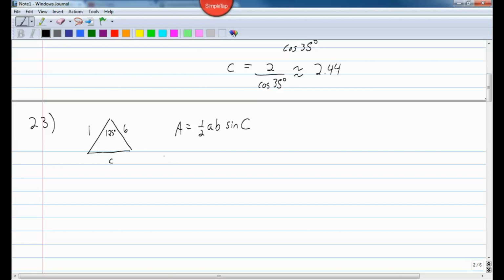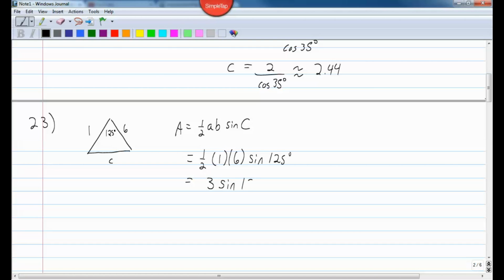Okay, and so that was one. The other was Heron's formula that we can use if we have all three sides of the triangle. So on this one here, we have two sides and we have the included angle measure. So we want to use this formula here. That's 1/2 times 1 times 6 times the sine of 125 degrees. 1/2 times 1 times 6, that's 3.